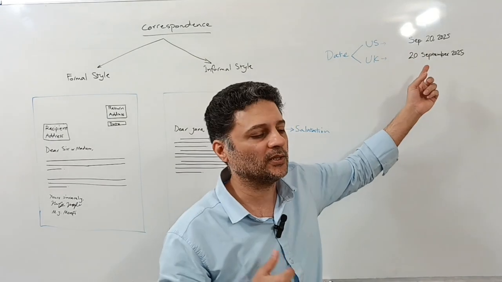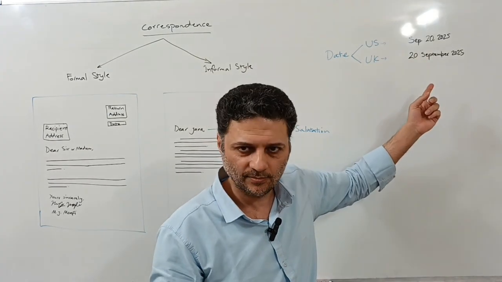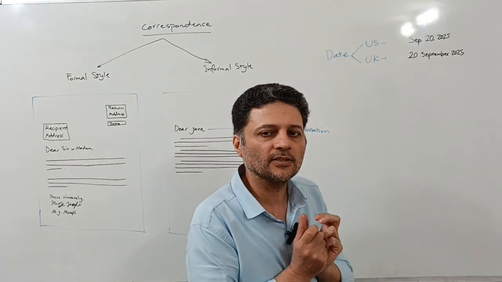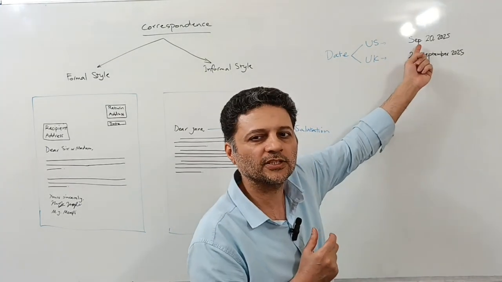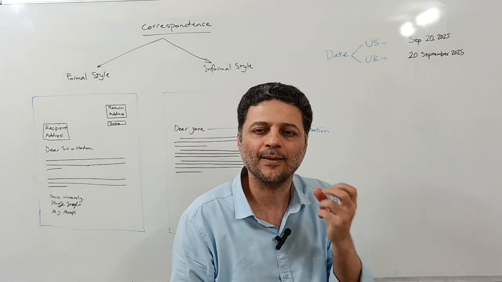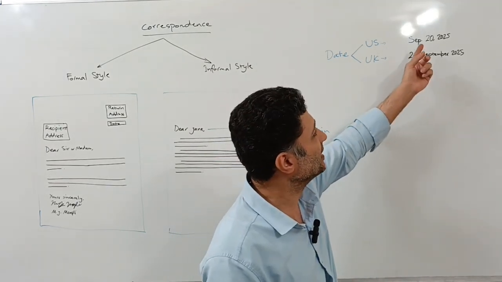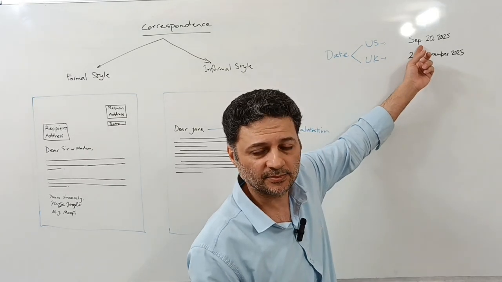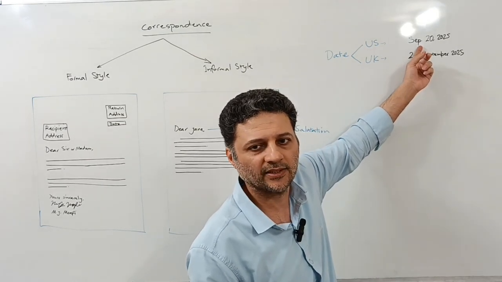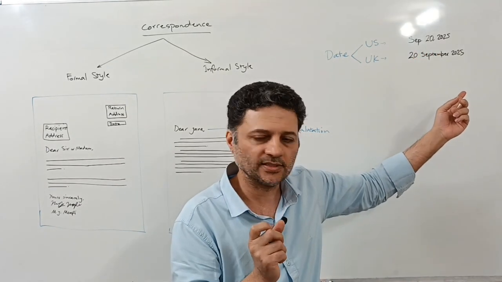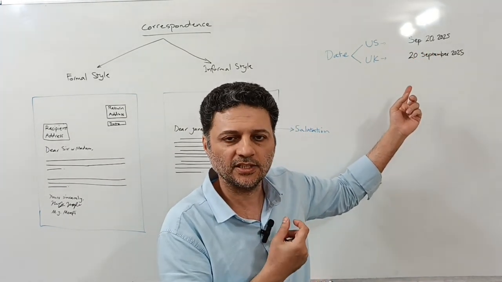Because in the US spelling system, usually when we shorten words, you need to put a dot right after it to indicate that this is the abbreviated form. All right, but in the British spelling system, they don't put any dot there, right? So even if they shorten it in British writing, they don't put any dot there.